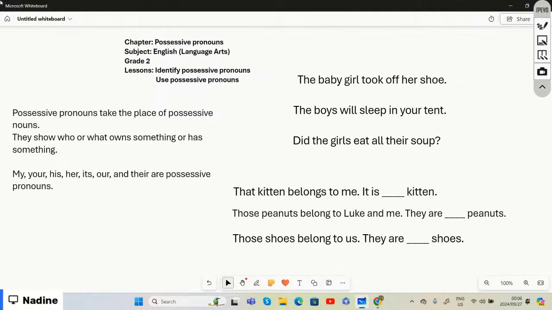It takes the place of a possessive noun.